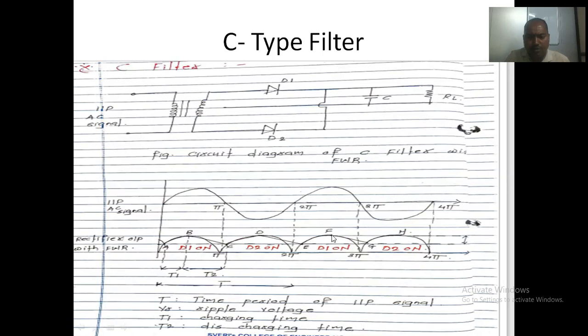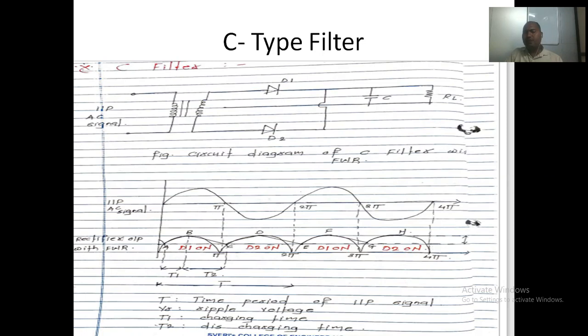After the F level it is fully charged, then again it discharges. This cycle keeps happening. Due to that charging and discharging, it produces some ripple content. It doesn't reduce the ripple 100% in the output of your rectifier.